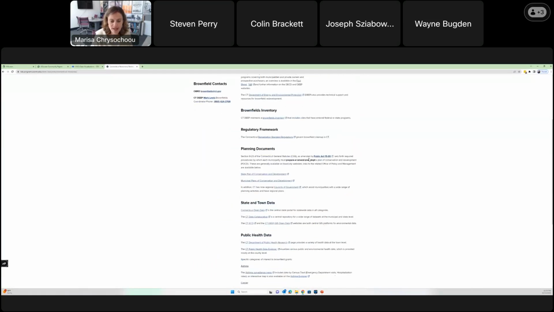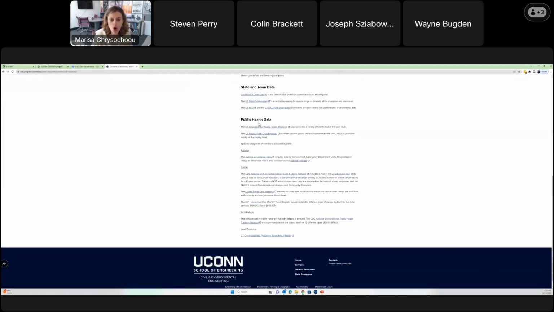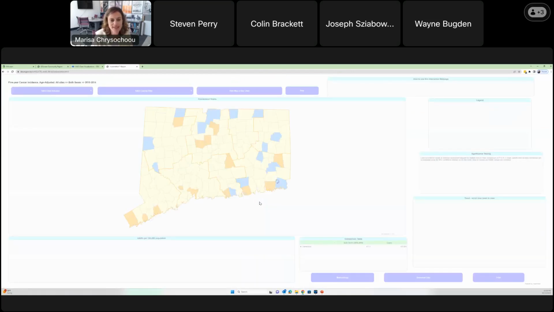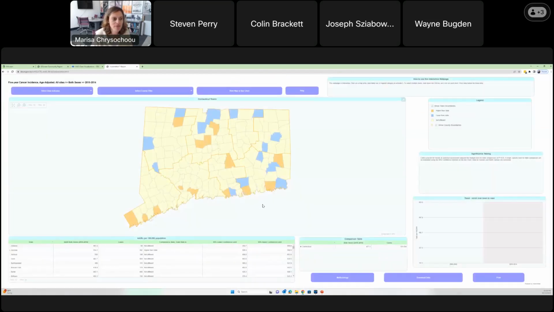So if you scroll down, there is a section called Public Health Data. That section gives you some general links, but it also gives you specific links for asthma, for cancer, and for birth defects. For example, for Connecticut here, the Department of Public Health has an interactive map where you can look at different data indicators.